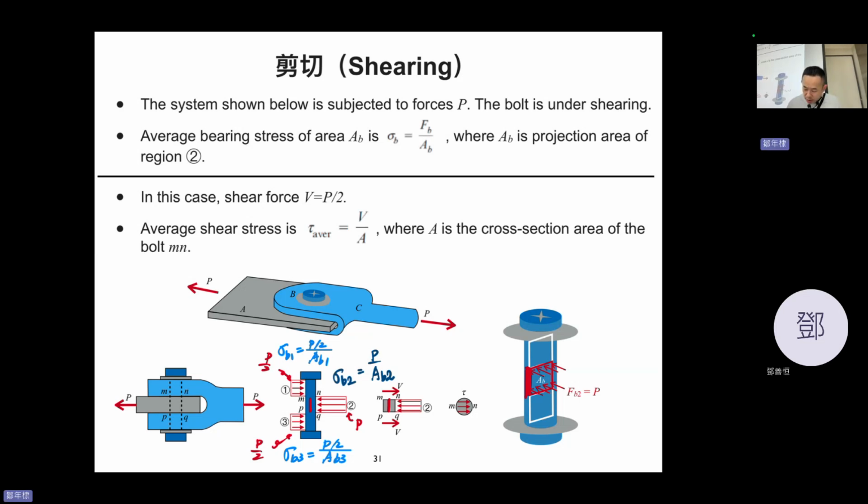So I will tell you that stress is different at different points in a material.